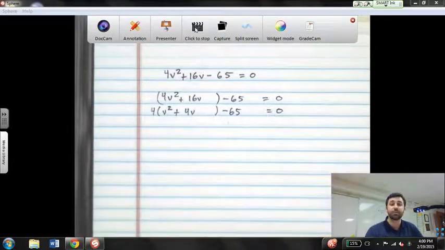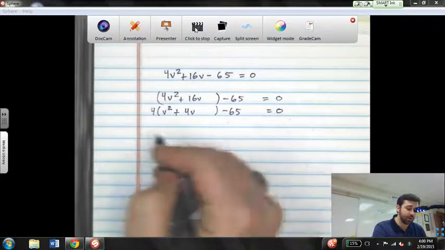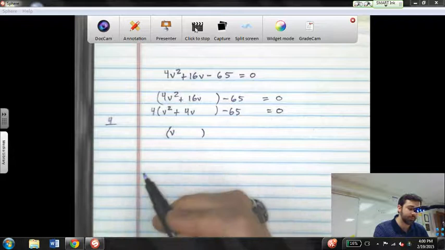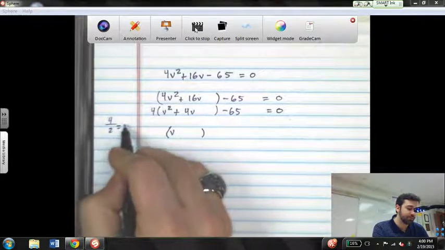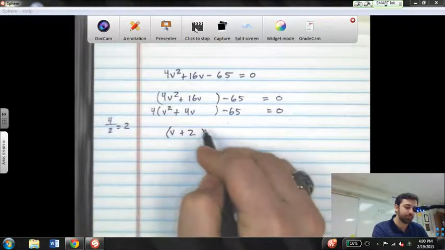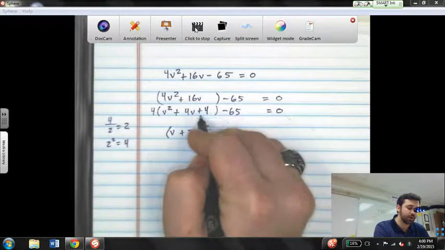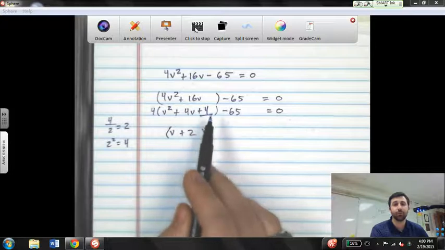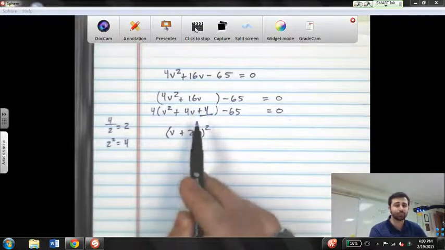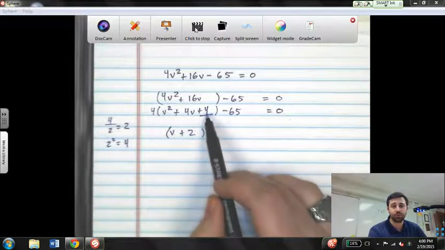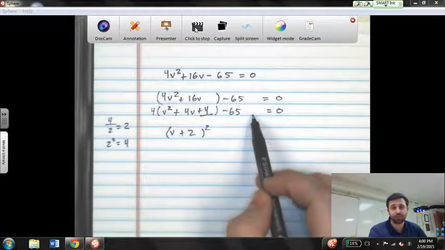Then I can go ahead with the process of completing the square. Taking 4, dividing it by 2, and then squaring that quotient gives 4. So I would add 4 in my group in order to get a perfect square trinomial. In the previous example, when I added 4 inside my group, I subtracted 4 outside the group.